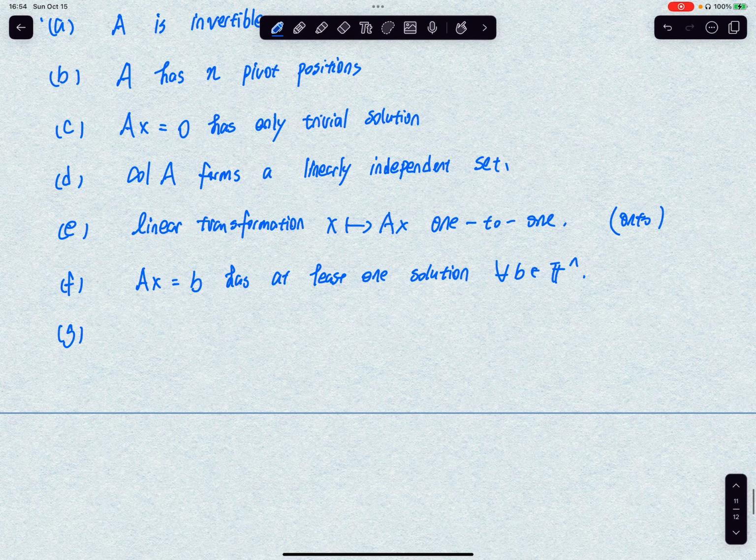The next result is that the columns of A span R^n. Sorry, should be F^n since our underlying number field is F. But in most cases, we are considering real number systems, so a substitution of R is also valid.